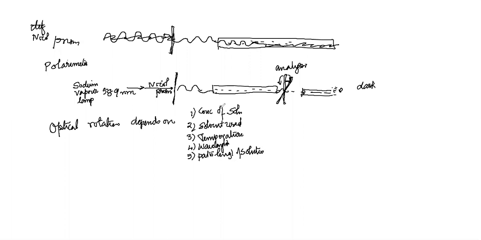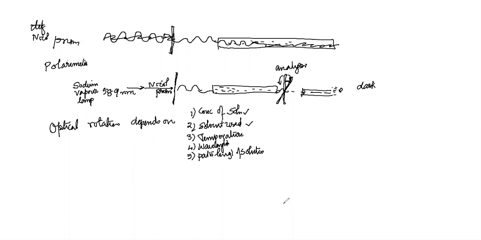Now let us look at each one of them. It is the concentration of the solution inside. If you increase the concentration, optical rotation will increase. That is one. Solvent: in one solvent you will have one optical rotation, in another solvent another optical rotation.